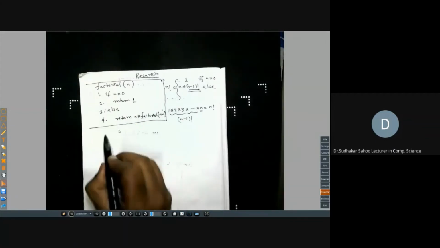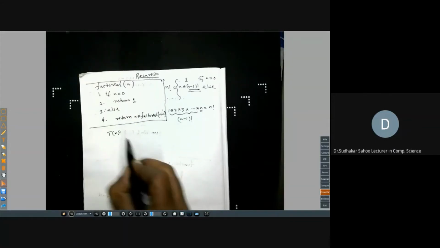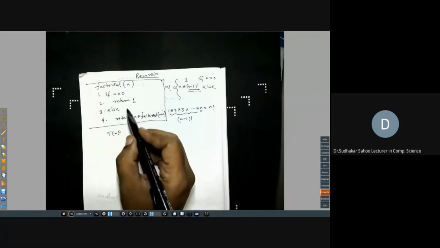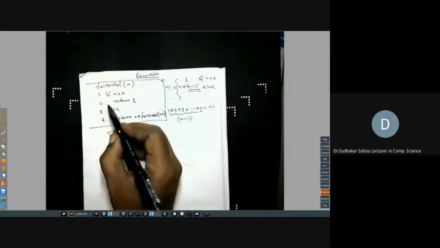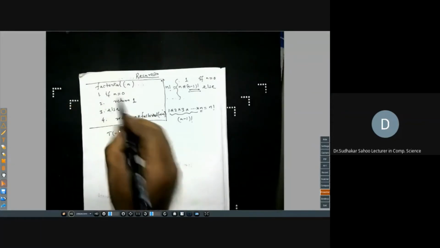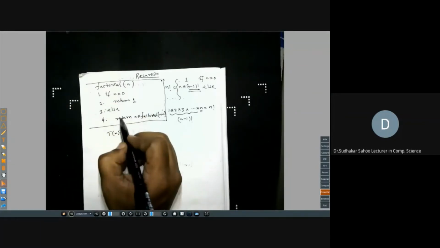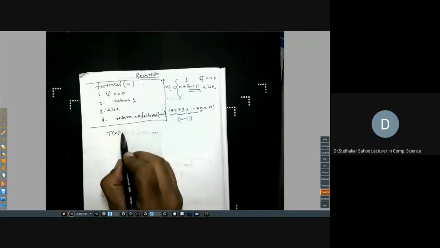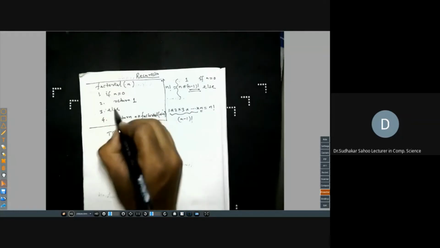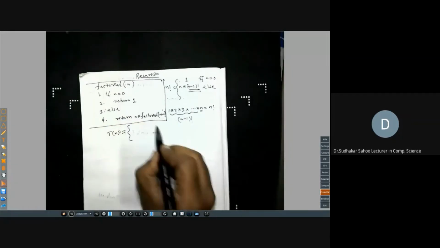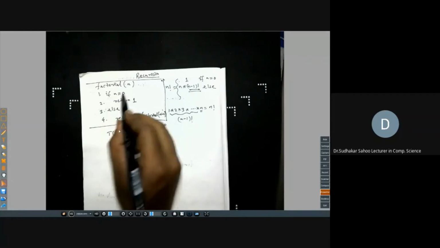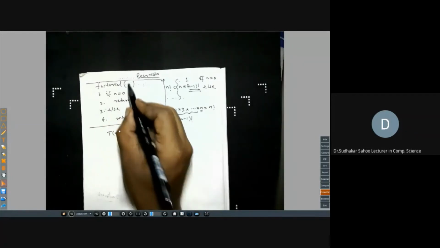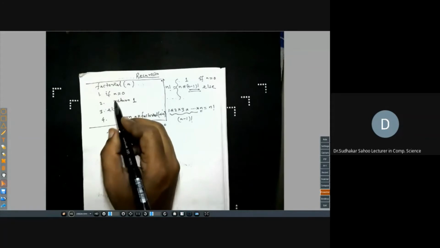Now the question is, what will be the time complexity of this algorithm? Here our previous knowledge will help us, that this is a conditional if and else. So if n equal to 0, if you are passing factorial 0, then only this part will be executed.